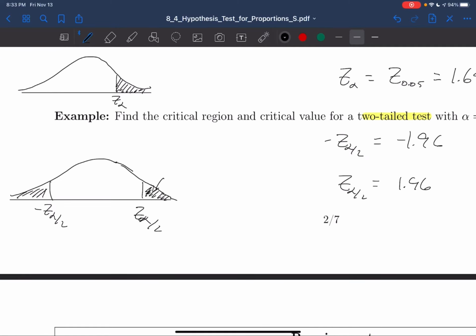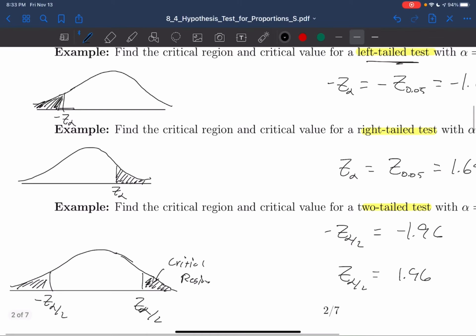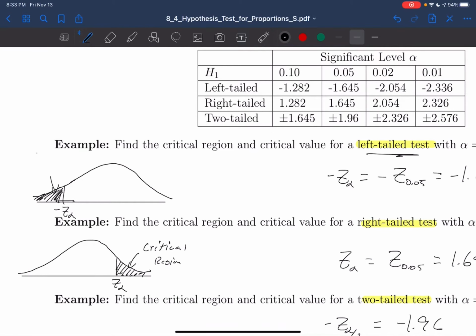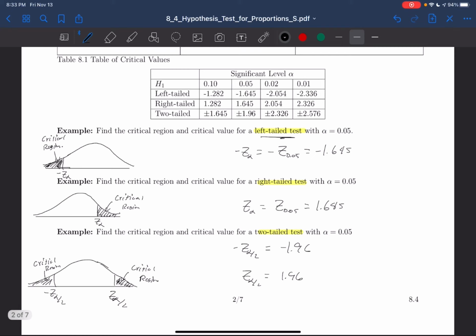So these will be our critical regions. So it's exactly what we've been doing in section 8.2. Nothing has really changed. The only thing that did change is our test statistic z.